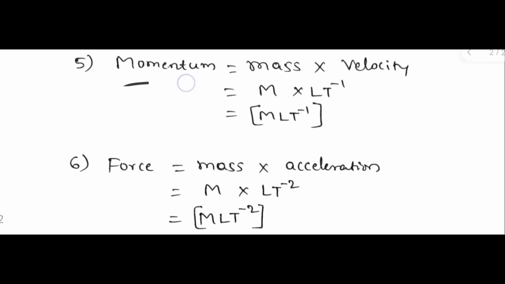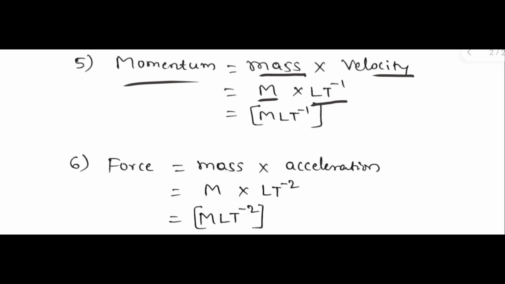Next one is momentum. We have the formula for momentum, that is it is a product of mass into velocity. Mass dimension is M and velocity dimension is, here I am directly using the dimension because we already found the dimension of velocity in the previous one, that is L T to the power minus 1, or else you may find out the dimension of velocity step by step, that is displacement by time.